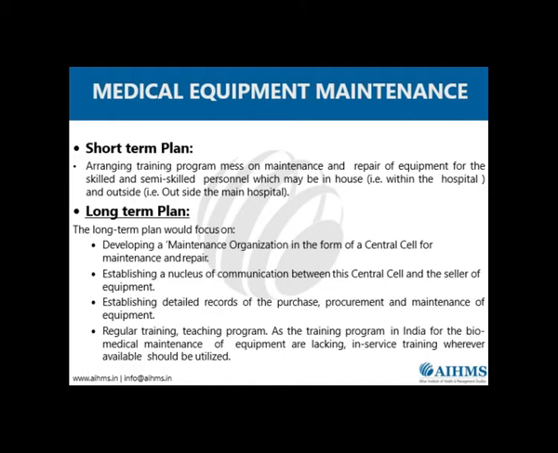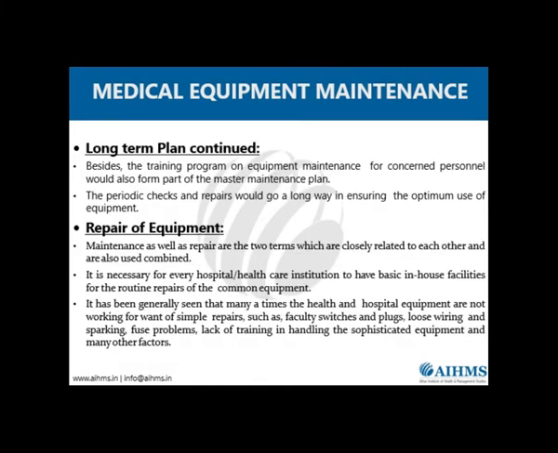Similarly, you are also keeping a record of all the training sessions related to the maintenance of the machine. Then in the long term plan, for the repair of the equipment, you think about which companies or enterprises you have in your portfolio, so that you can bring them in as far as the maintenance of the machine is concerned.